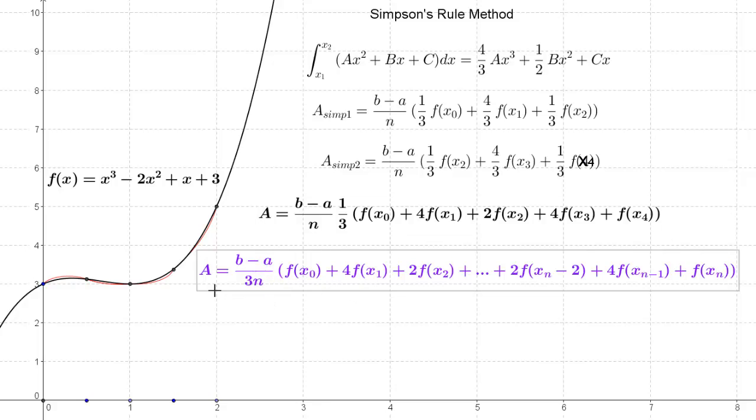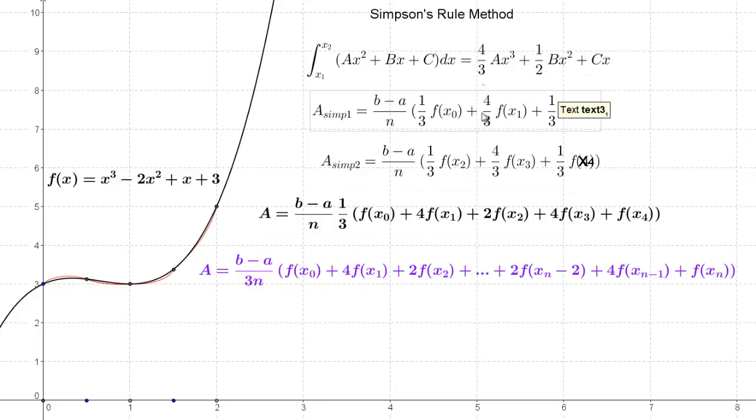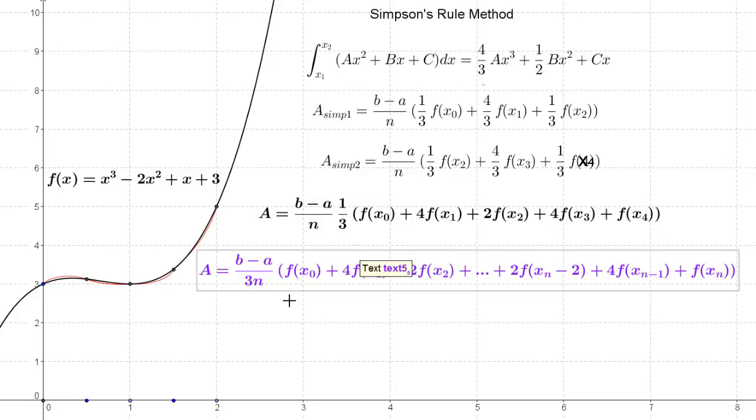The area under the curve can be numerically approximated by b minus a over 3n, and again that 1/3 comes from this integration up here and appears in all the terms after a lot of math. So b minus a over 3n times the first term f of x0 plus the last term f of xn, whatever that is. In this case n was 4, but in the general sense it's just xn.